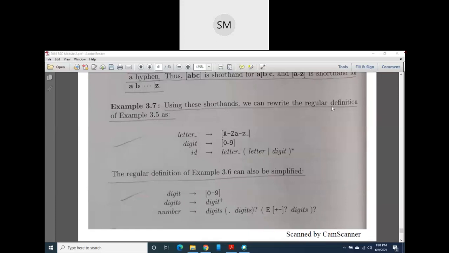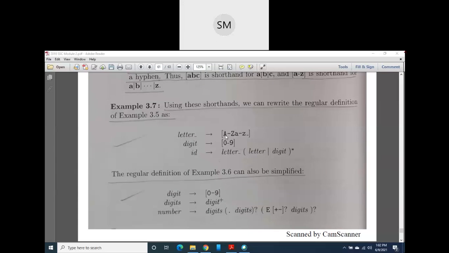We can rewrite the regular definitions of example 3.5 as follows. In the previous page I showed you that example for C identifiers. The same regular definition we can rewrite using these shorthands, and again it will be very compact for us.